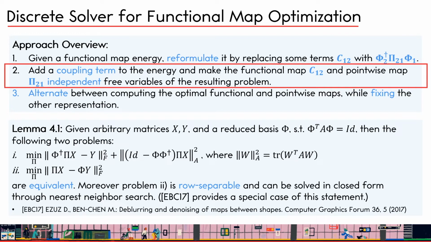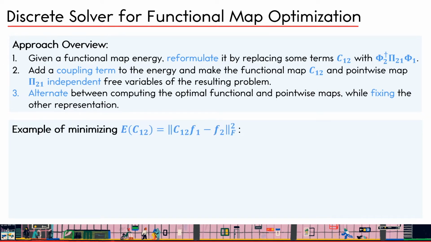The second problem is in a simpler form, which is row separable and can be solved in closed form. We show that these two problems are equivalent to each other. Please see our paper for the corresponding proof and additional discussions. This lemma inspires us to reformulate the original energy in a special form that can be solved efficiently.